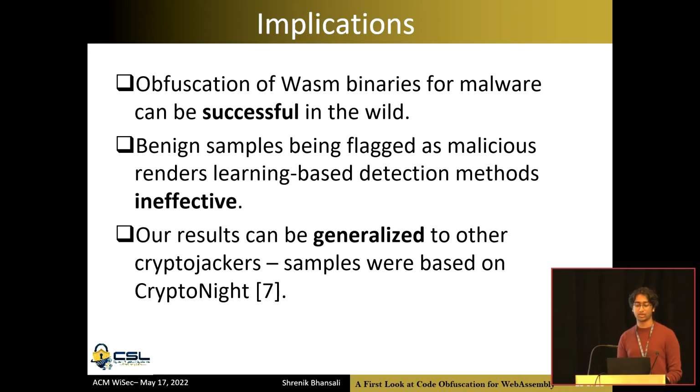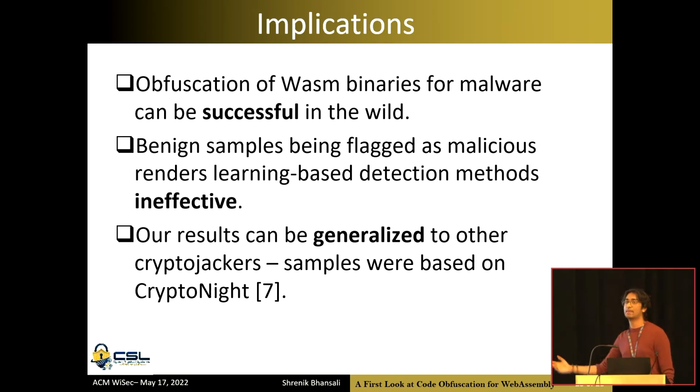So our benign samples were also being flagged as malicious, which renders learning-based detection systems like Minos ineffective. There's more than just Minos that uses that similar detection method of analyzing the Wasm module or the binaries and categorizing them as benign or malicious. We know for sure that it will render those forms of static analysis ineffective.